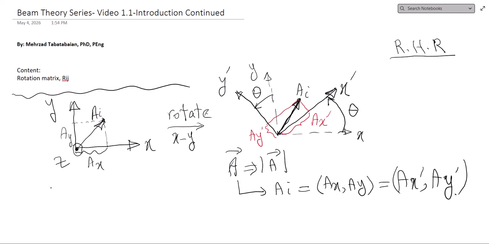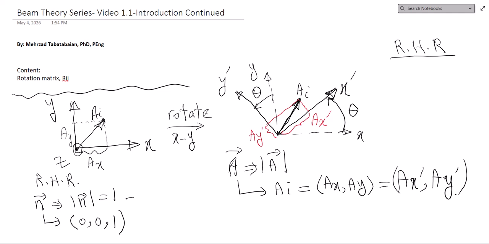So I write it here again, my unit vector, which has the magnitude of 1, is along the z-axis, or shall we say it has components 0, 0, and 1 in my coordinate system.